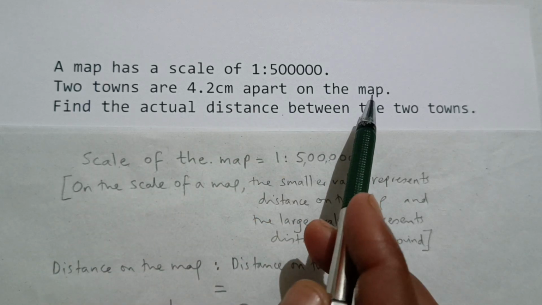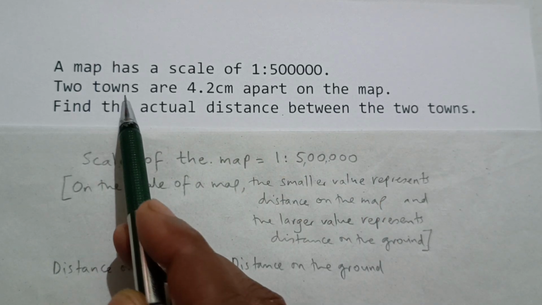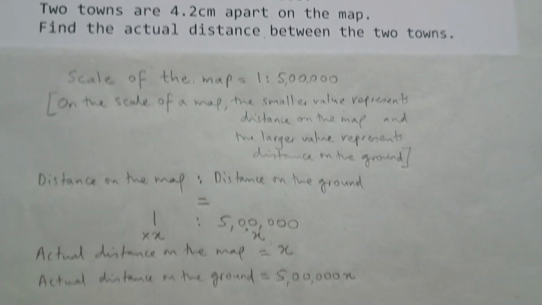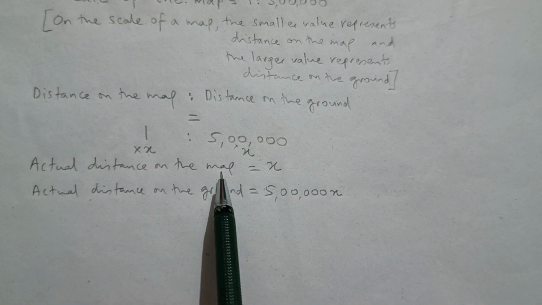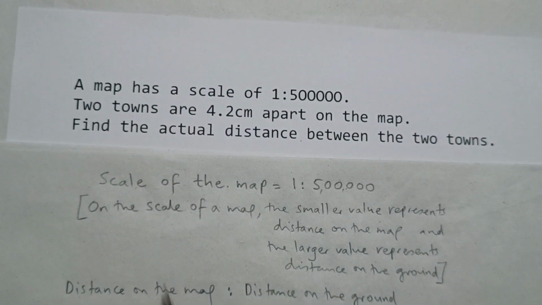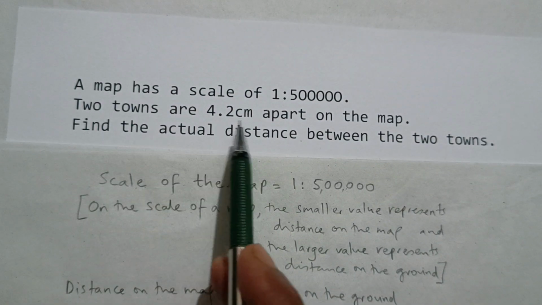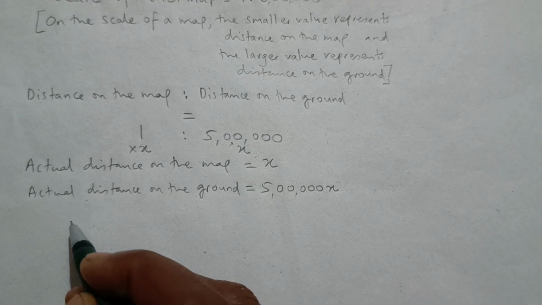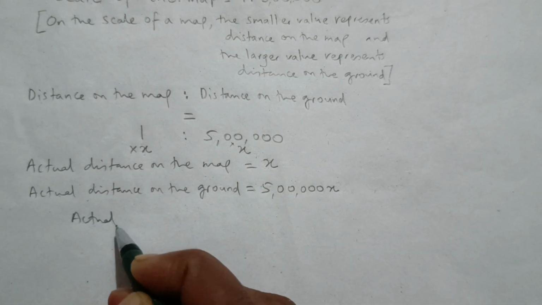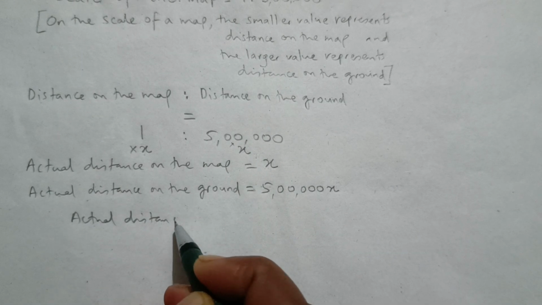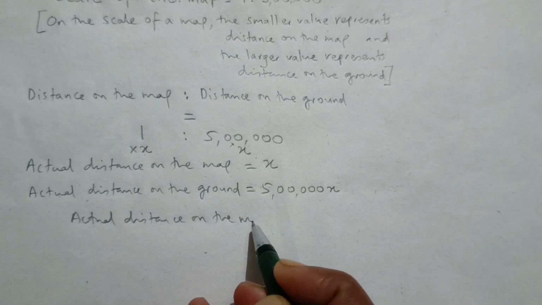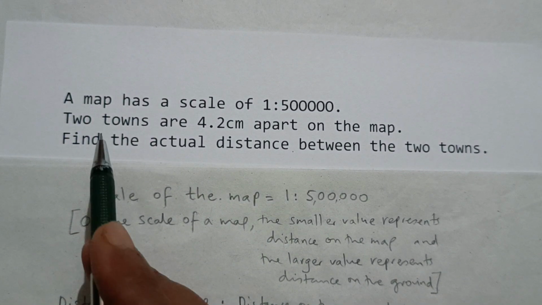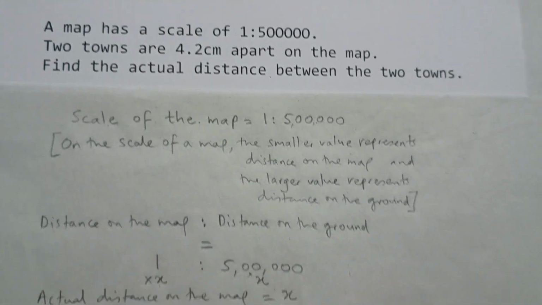So actual distance on the map between the two towns is 4.2 centimeter. This value is given to us.